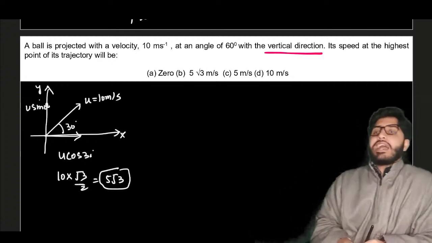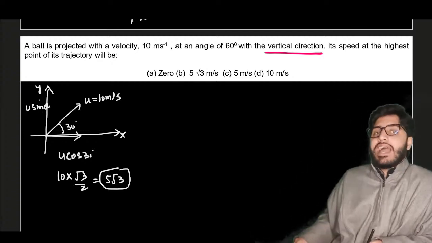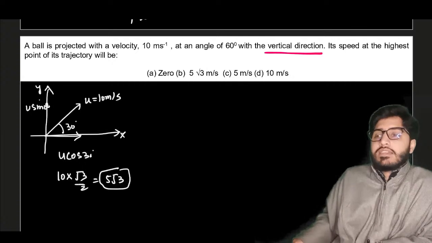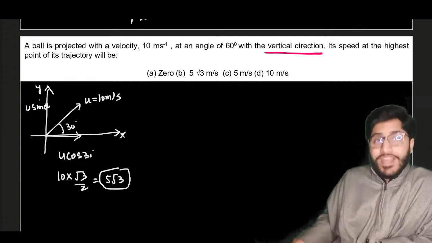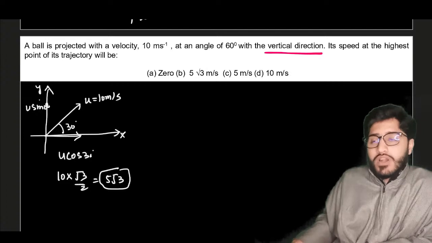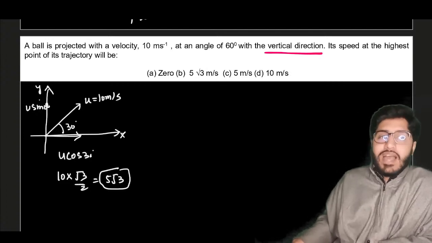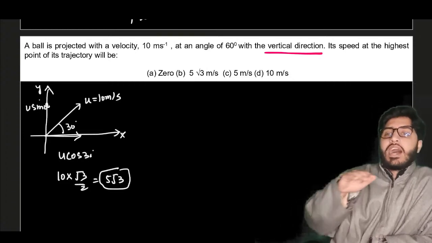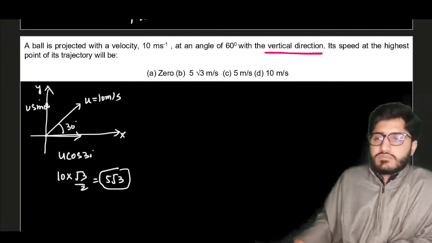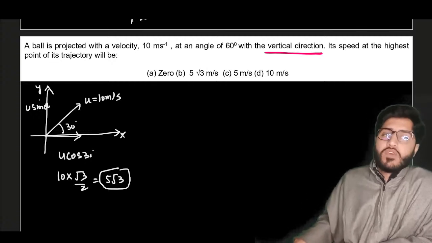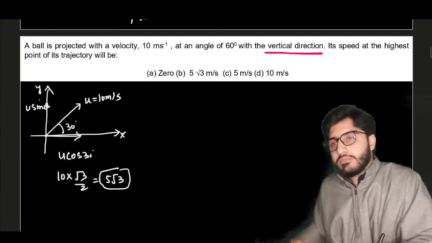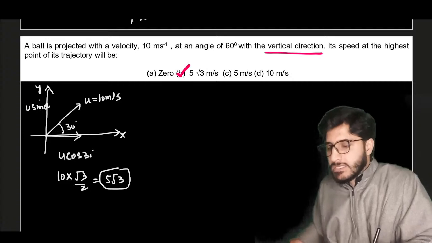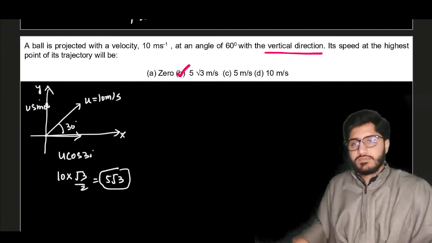At the highest point, only the x component is present, not the y component. In the whole journey of this particle, the x component remains constant. So the speed at the highest point will be only the x component of the velocity, that is u cos theta, and that is 5 root 3. I guess option B is correct. Option B is correct. Okay.